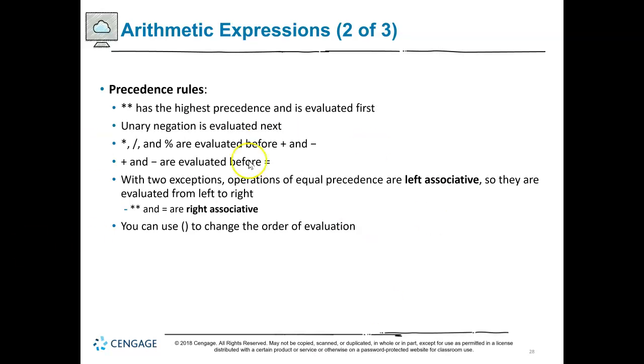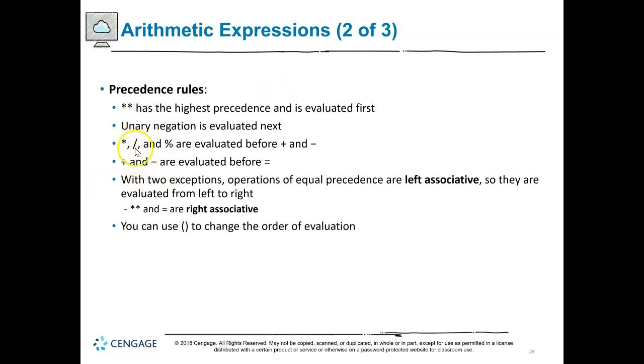So, in Python, the highest order of operation is the exponents. Well, that's familiar. The next piece, and this one seems a little weird, is really just that negative sign. If you're converting something from a 2 to a negative 2, we call that unary negation, and that comes next.